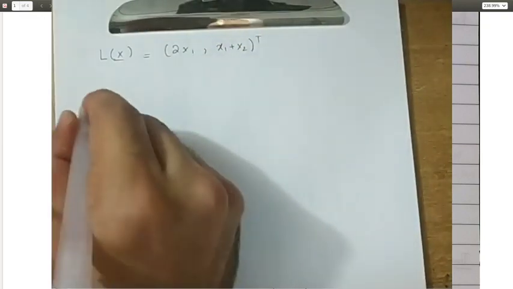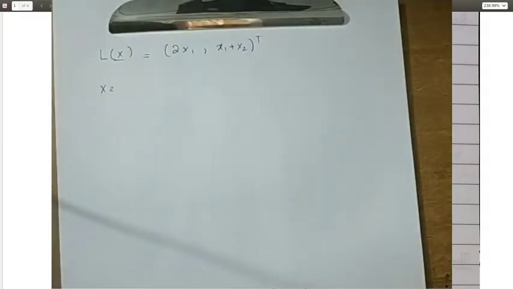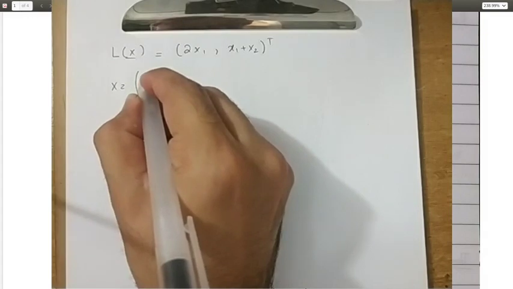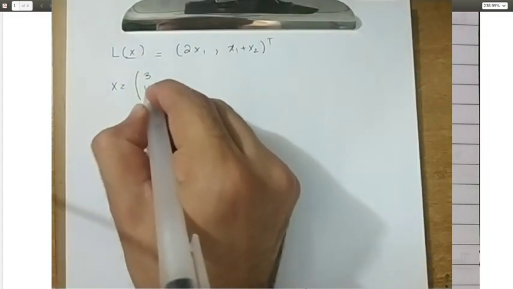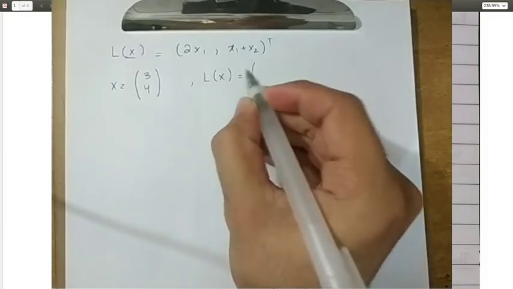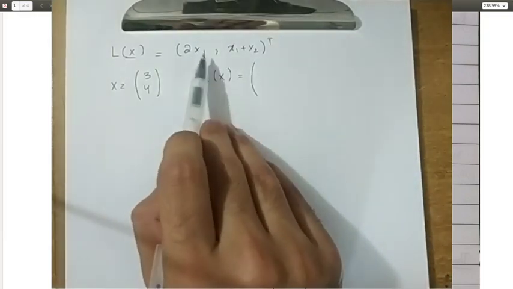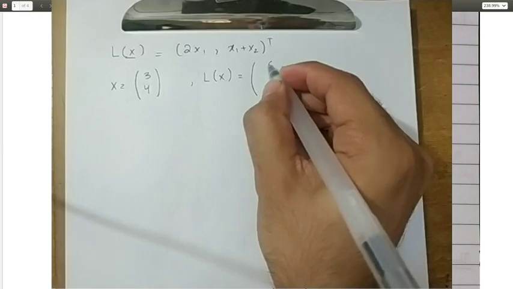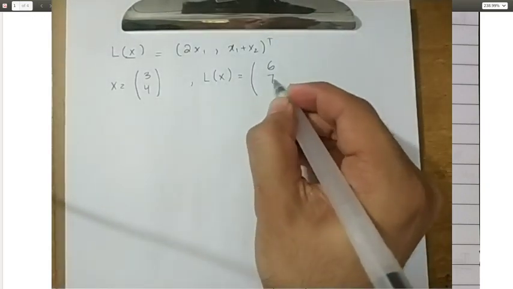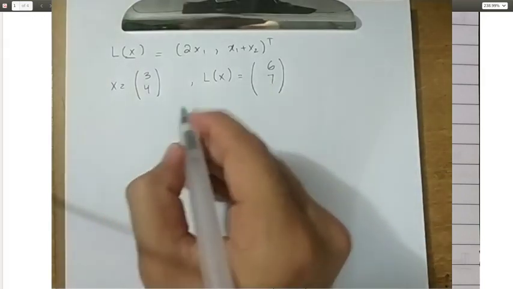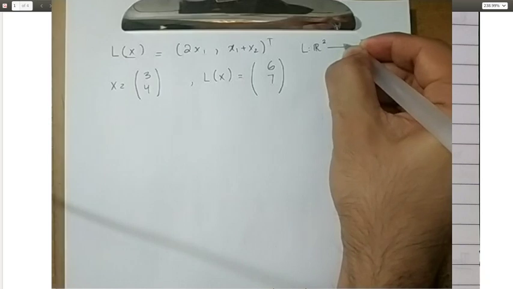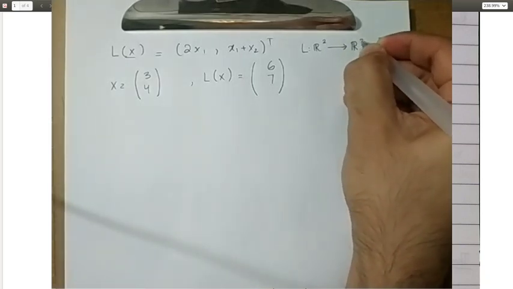So if, let's take an example, if x was equal to the vector (3, 4), then L of x will be, the first component is 2 times x1, which is 2 times 3 is 6, and the second component is the sum of these two, so 3 plus 4 is 7. So this is a linear transformation going from R2 to R2.